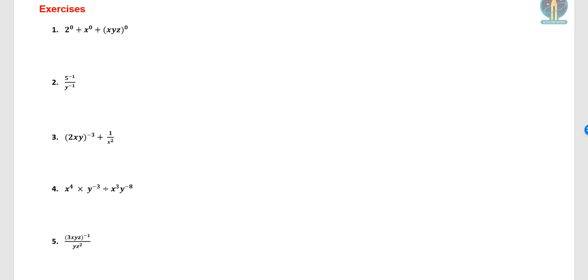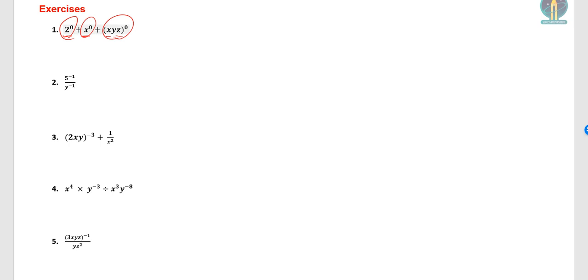Okay, so let's look at these. We have 2 to the 0th power plus x to the 0 plus x, y, z all to the 0. This is pretty straightforward. Even if you have different types of terms here, a constant, a variable, and then a bunch of variables multiplied together, they're all raised to the power of 0.